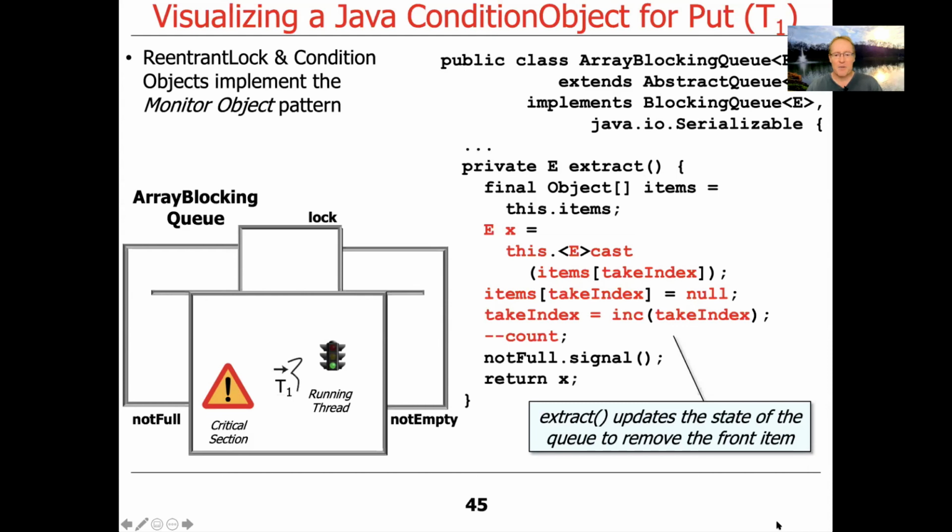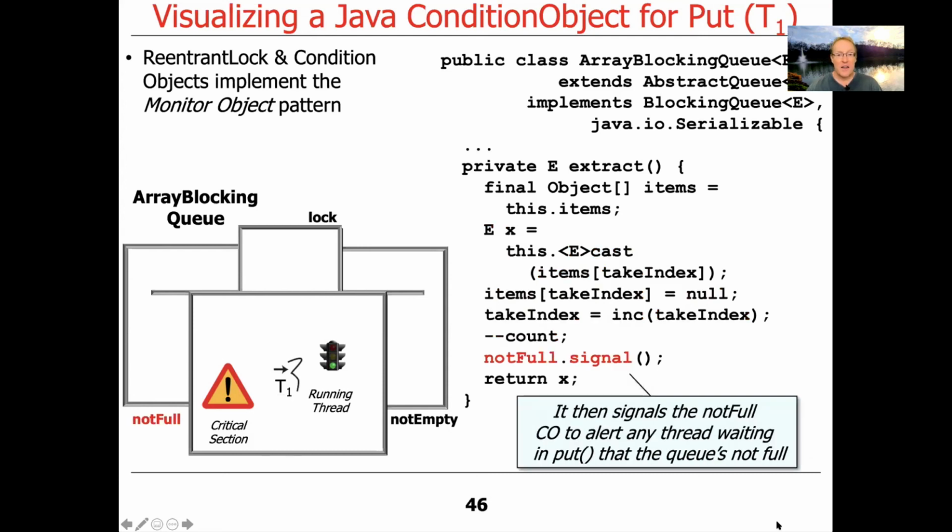So it gets the item that's at the take index into the items array. And then it goes ahead and sets the current item to null for garbage collection purposes, increments the take index by 1, potentially wrapping it around, and decrements the count by 1 because we're taking something out of the array blocking queue. Then the last thing this code does is it signals the not full condition.